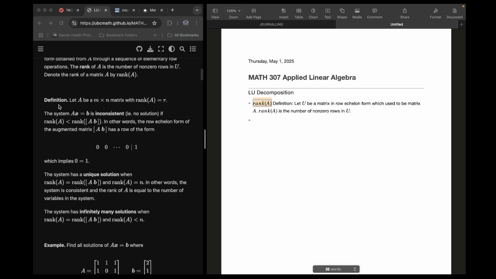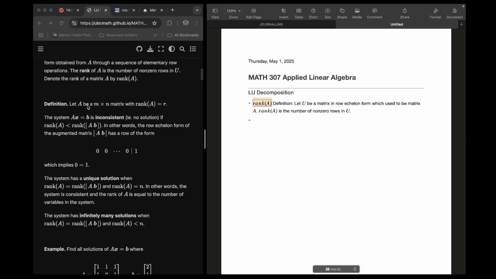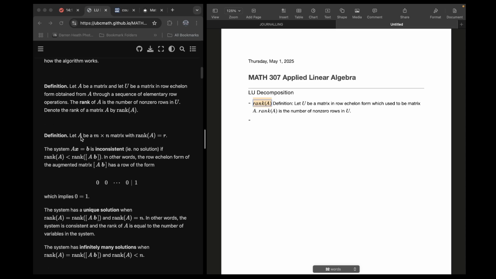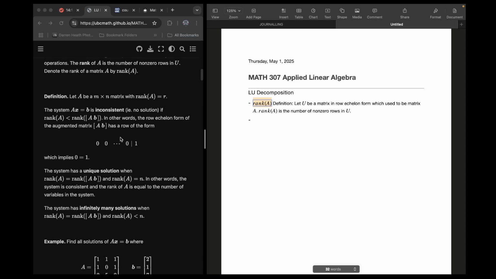Definition. Let A be an m by n matrix with rank A equals r.